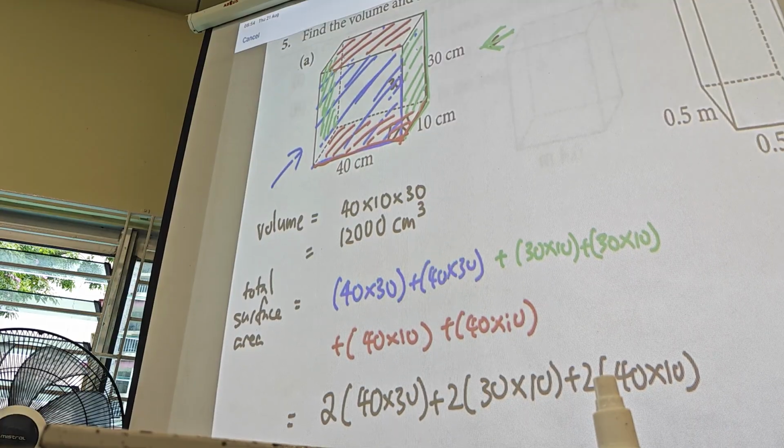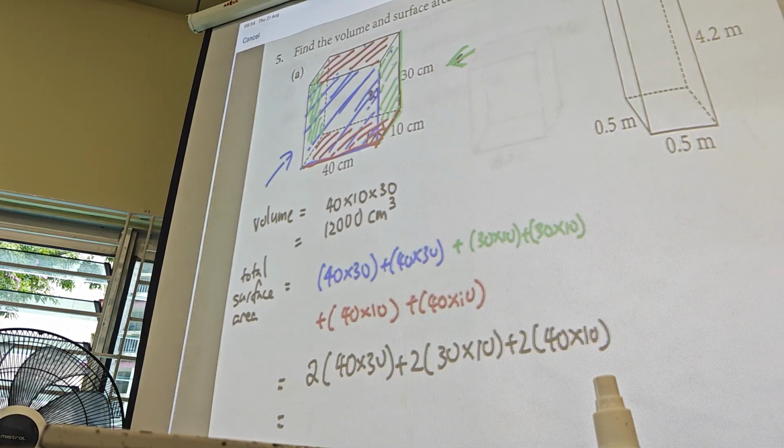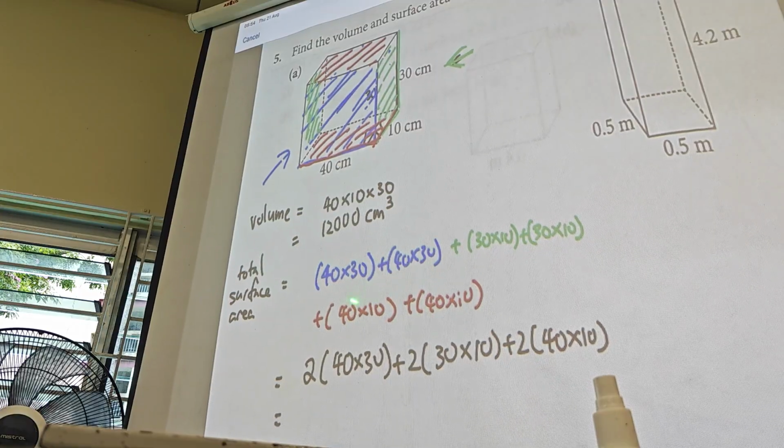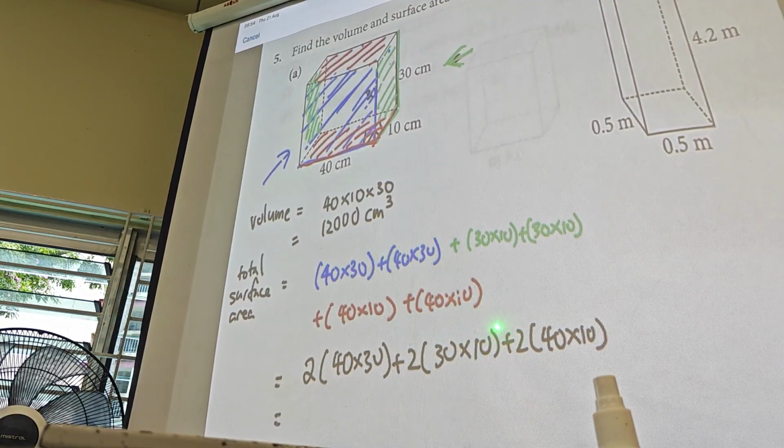When I go and press calculator, I can add all these 6 sides together also. But if I know these two are the same, these two are the same, these two are the same, I can write like that also. So either way is okay.